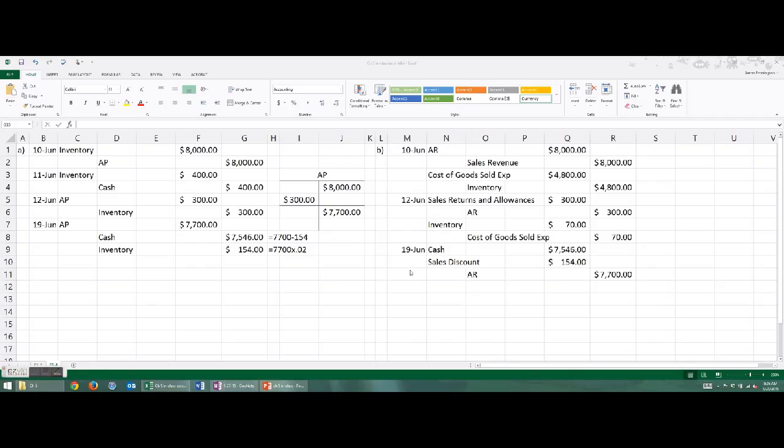Okay, so now we're going to take a look at the creation of our multi-step income statement. And in doing so, we're going to use exercise E5-9.